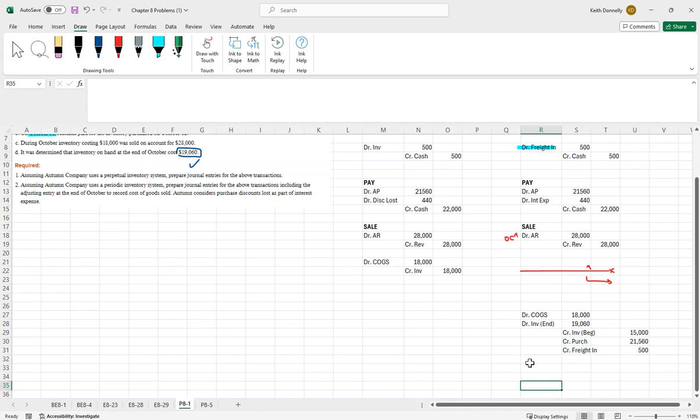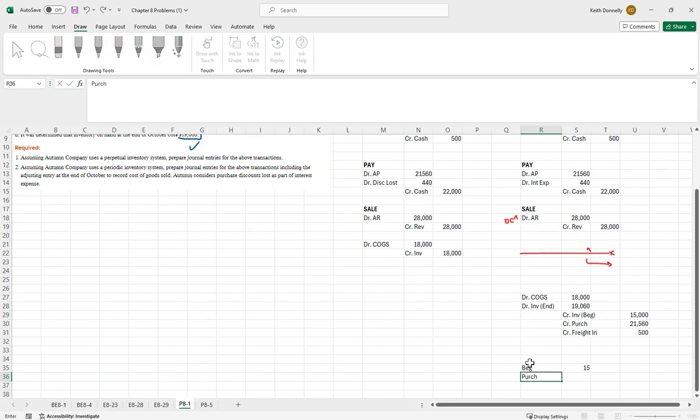Another way you could think about this is your beginning inventory was 15,000. Your purchases were essentially equal to the 21,560 plus the 500, what we paid plus the shipping, 22,060.